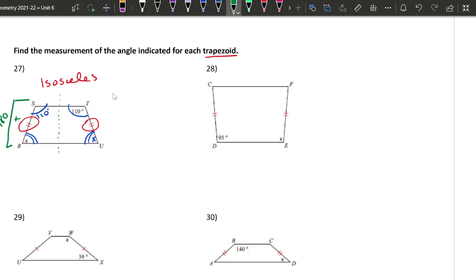Since S is 110, I have 110 plus angle R, which is x, equal to 180. So I subtract the 110, and x is 70 degrees. And x is angle R, so the measure of angle R is 70 degrees.